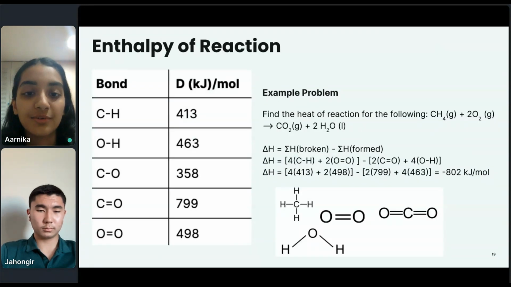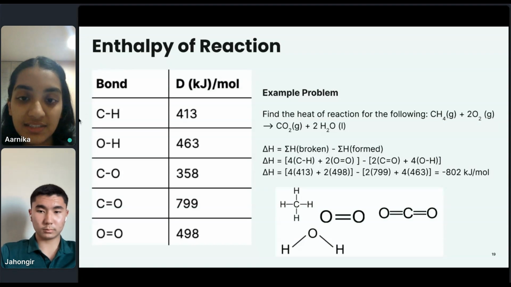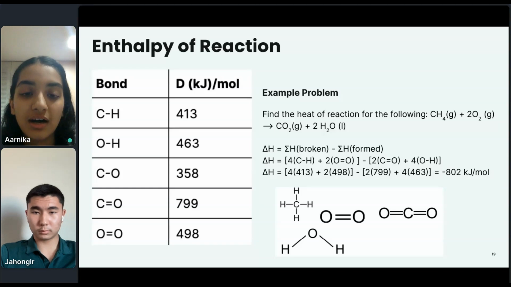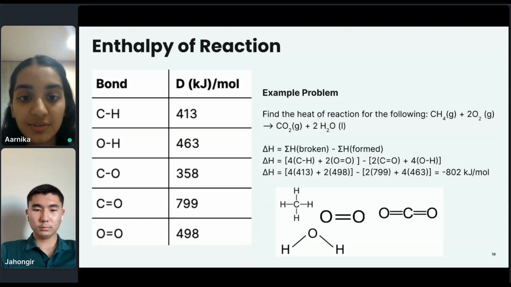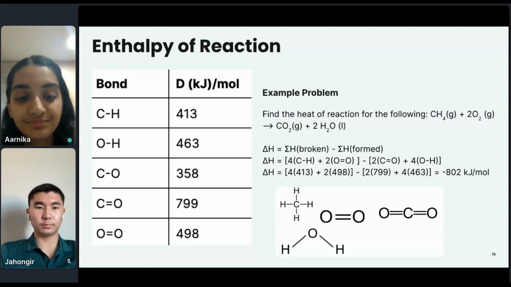All right, so we're just going to go over a quick example of how to find the heat of reaction, or the enthalpy of reaction. For this example, it's CH4 plus 2O2 yields CO2 plus 2H2O. To do this, we want to use the equation, the summation of the H broken minus the summation of the H formed.